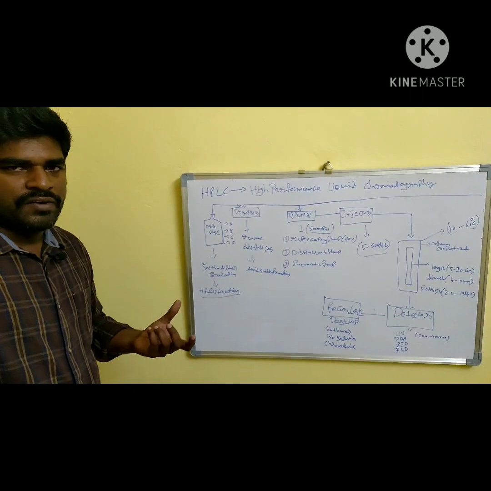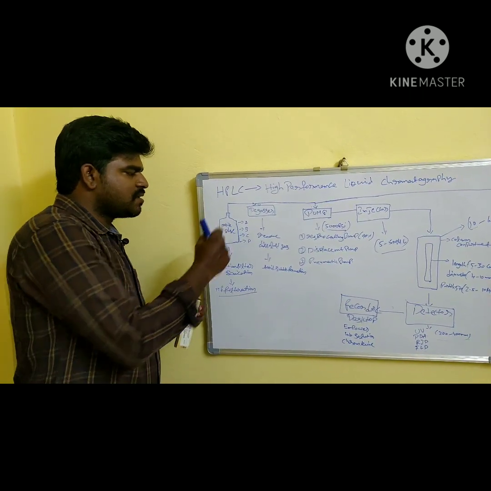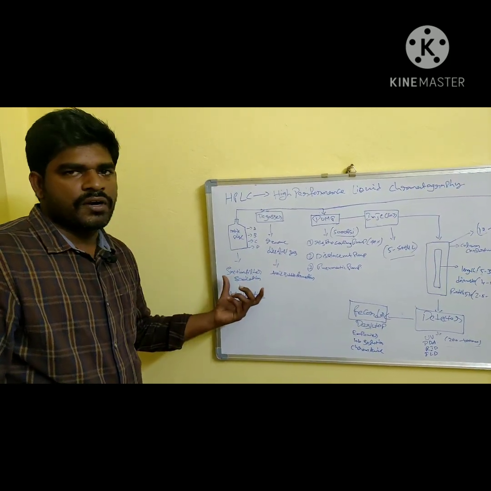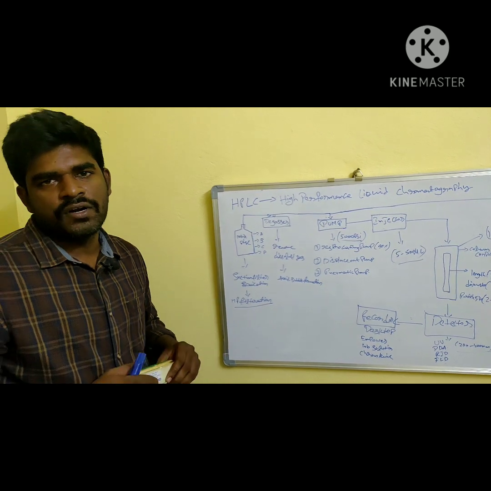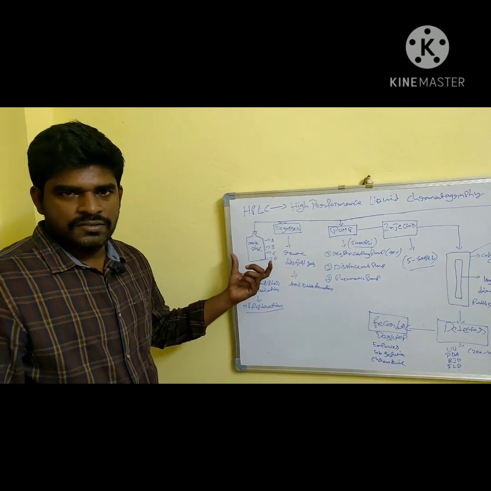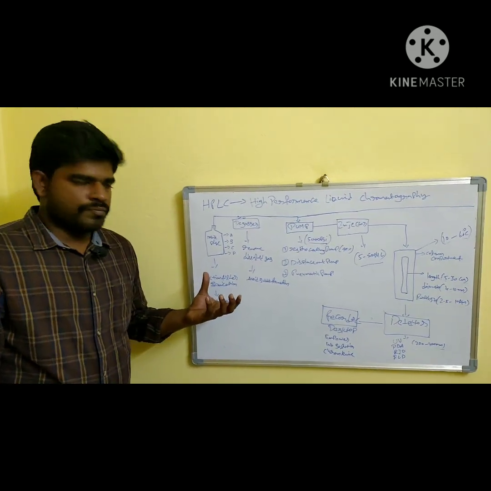While preparing the mobile phase, what kind of precautions do we need to take? First of all, for the selection of the mobile phase, we require milli-Q water. Why do we require milli-Q water? Most of the people prepare mobile phase every day using milli-Q water, but most of them don't know why.